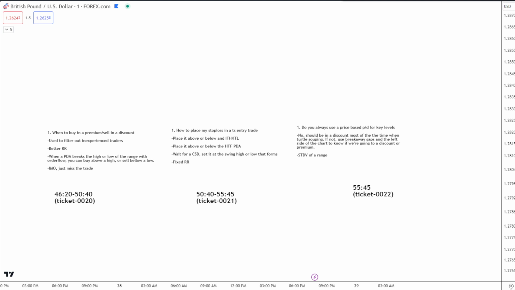Another question: can there be a mitigation block market structure shift for soup, or only breaker looking market structure shift for soup? I don't even look at market structure shifts anymore, right?